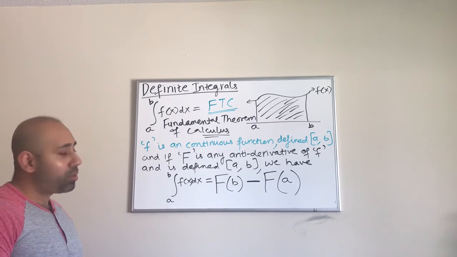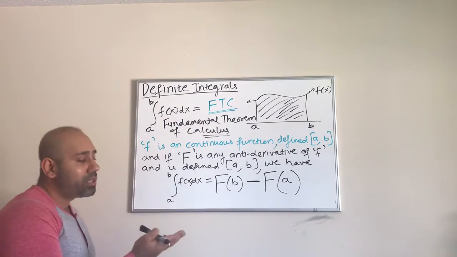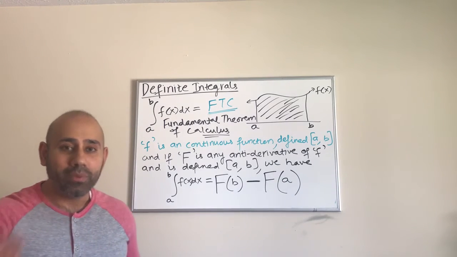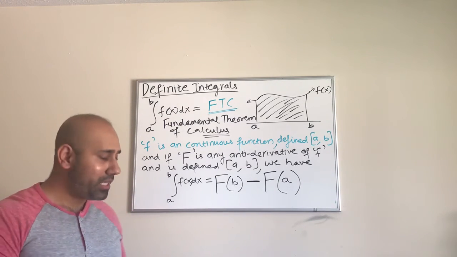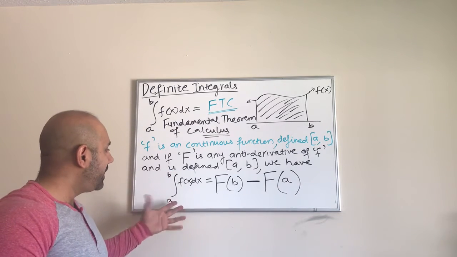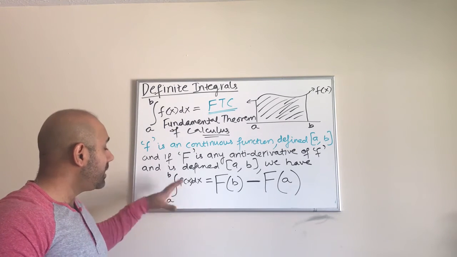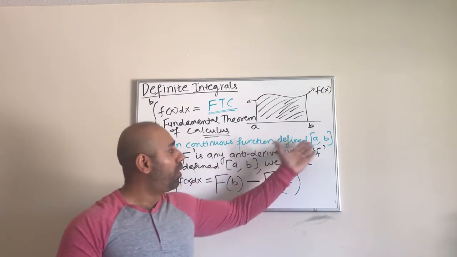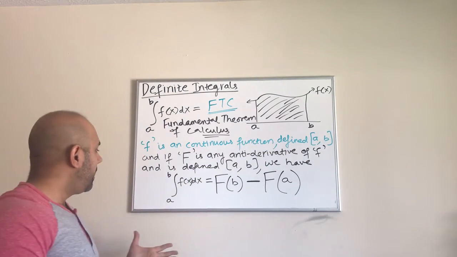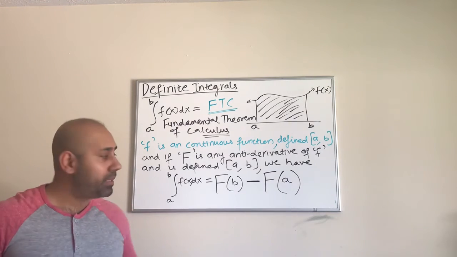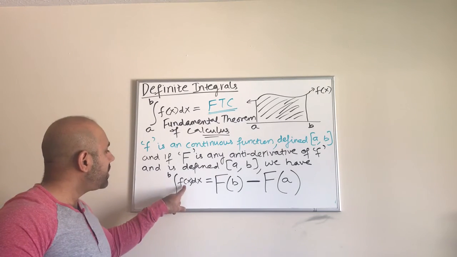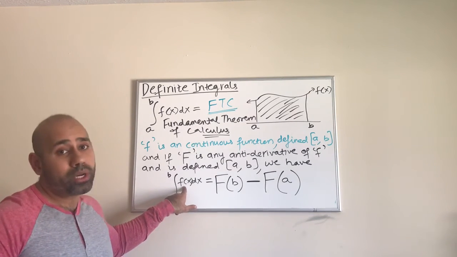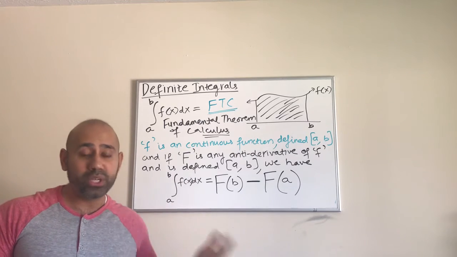Guys, this is not so difficult to understand, and it's not so difficult either to apply to evaluating definite integrals. Basically, to evaluate a definite integral, first you have to make sure that the function is defined and continuous on the given interval, and a and b would be different for different examples. Then you evaluate the antiderivative, or the integral, of that function, and we already know how to do that.